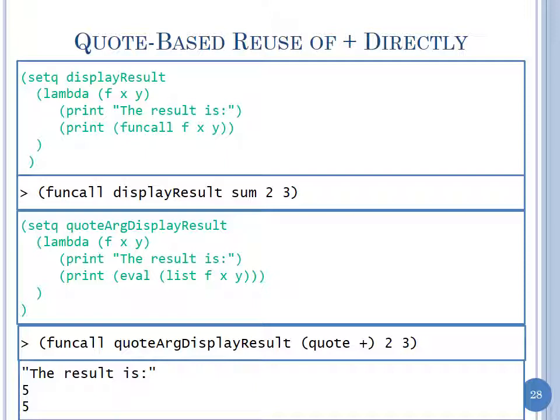So what will happen? Let's go and see. F will get evaluated to quote, x will get evaluated to whatever, okay? And print will try to evaluate.